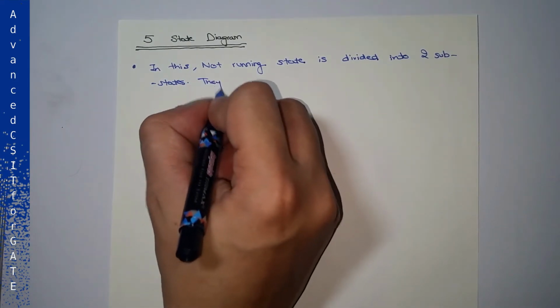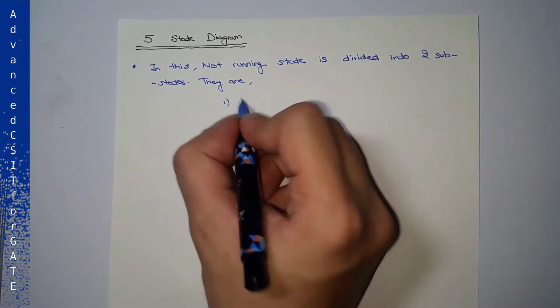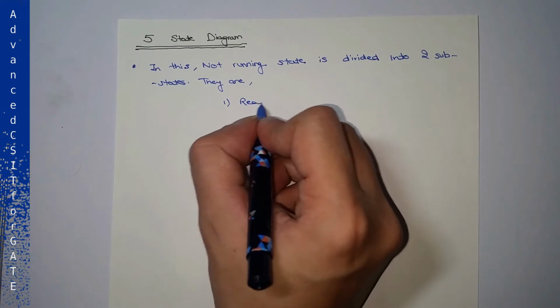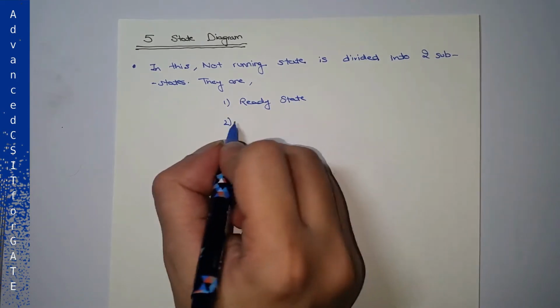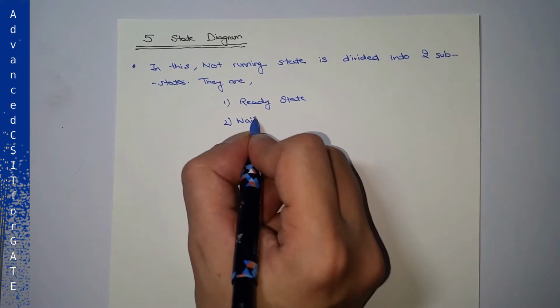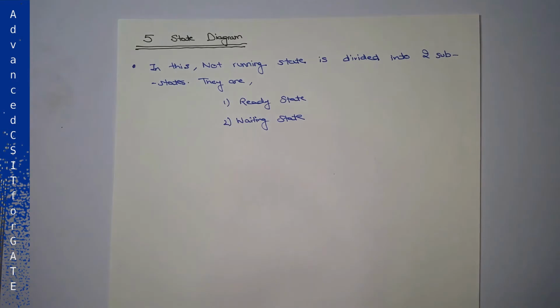They are, number one is ready state, and the second one is waiting state. So first we had not running state and running state. Now we have 3 states: ready state, waiting state and running state. The running state remains the same, whereas the not running state is divided into 2 parts, the ready state and waiting state.